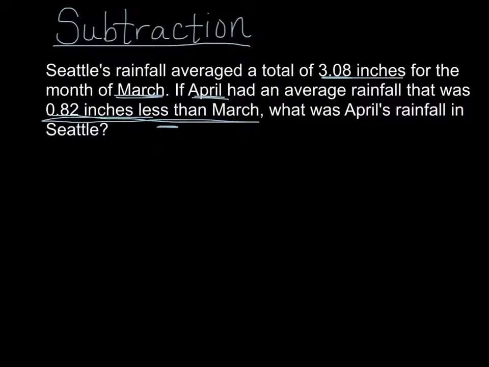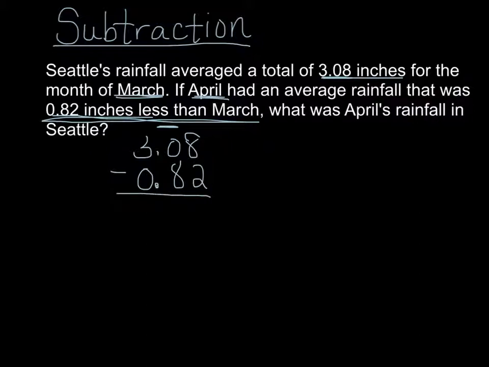So first we need to choose the larger number to go on top, which is 3 and 8/100 inches. It is larger because there's a 3 in the ones place, so you have 3 whole inches as opposed to 0 inches and 82 hundredths. So we'll write 3 and 8/100 minus 82 hundredths.